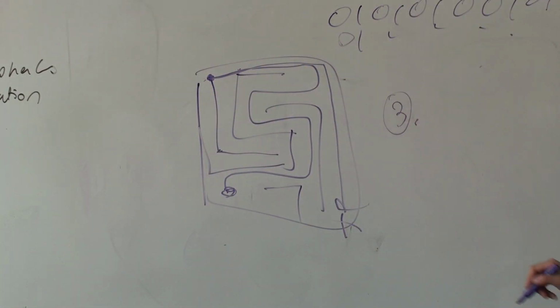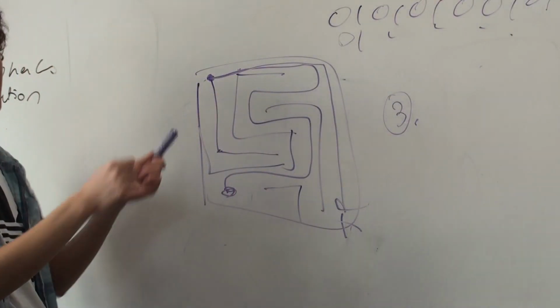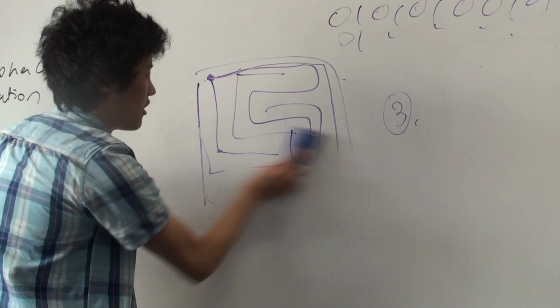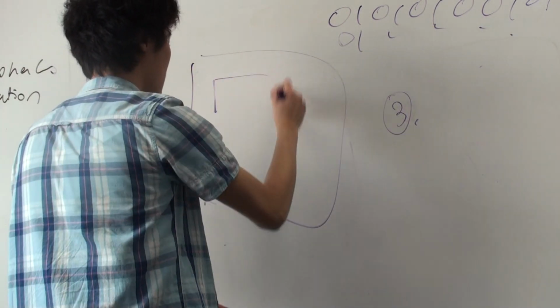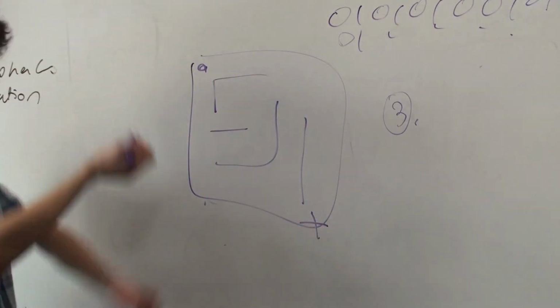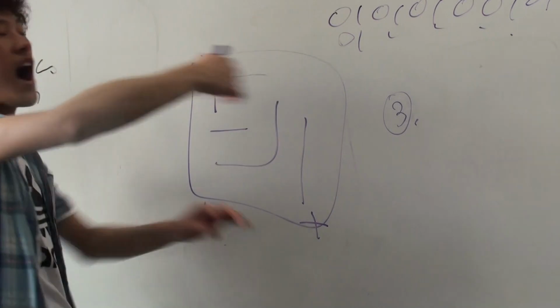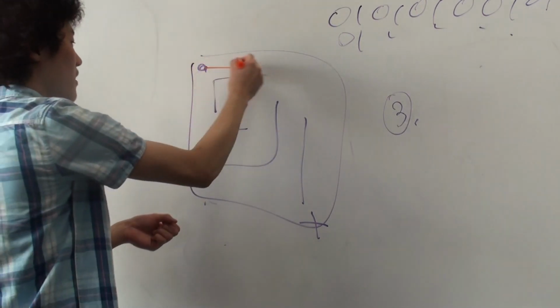Approximately 3. So what quantum computation does is, instead of trying from the beginning, if I have some maze again, I don't start from here and from here. It looks at the entire parameter space at the same time.